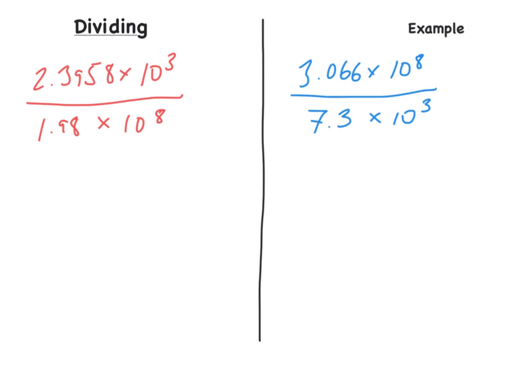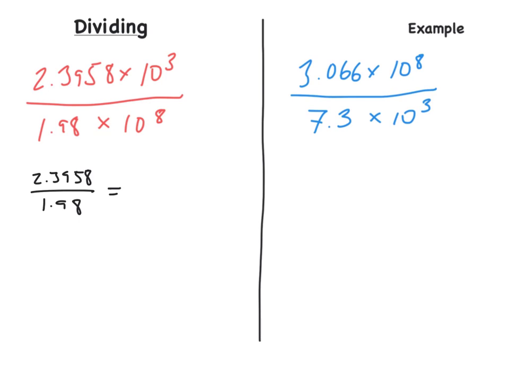So we did some multiplying, now let's do some dividing. It's basically the same exact thing. We're going to break out the numbers by themselves, and then when we're dividing numbers that are raised to a power, remember, we have to subtract the powers. So with this, I'm going to break it out as 2.3958 divided by 1.98.